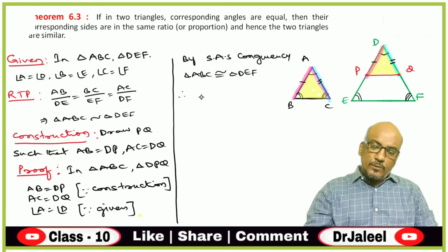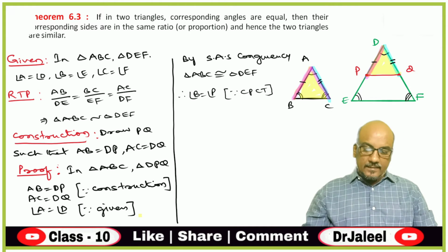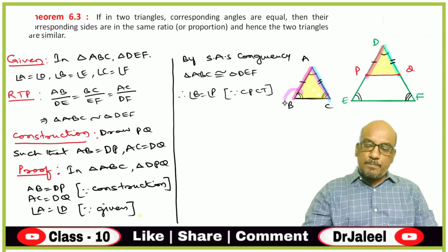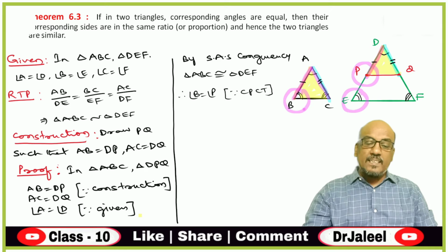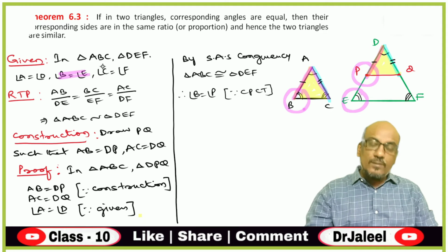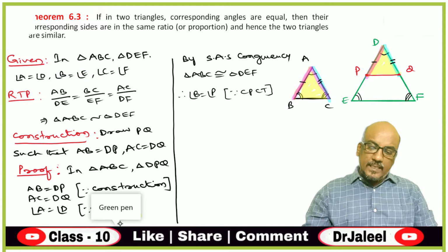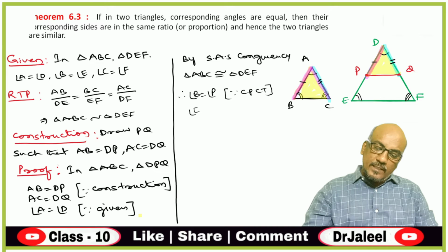So therefore, you can say that angle B is equal to angle P. Why do you mention it here? Because of CPCT. But actually B was equal to E in the given. As B is equal to E, I will change this B into E. E is equal to P.